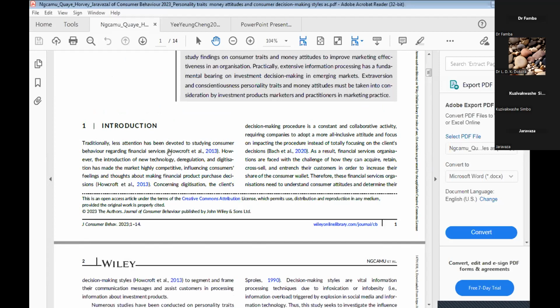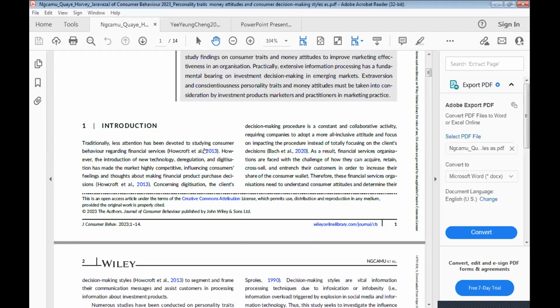But the difference with what we are doing is we quickly pick a citation. Traditionally, less attention has been devoted to studying consumer behavior regarding financial services. So we are indicating why this study is important. Already we want to hook the reader.